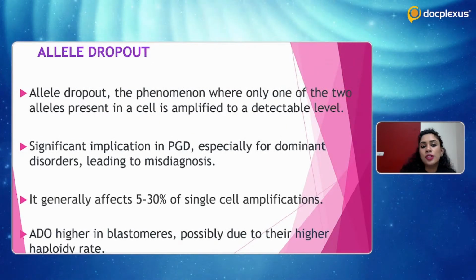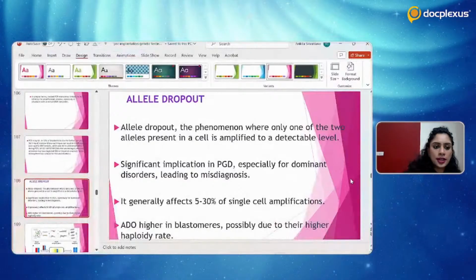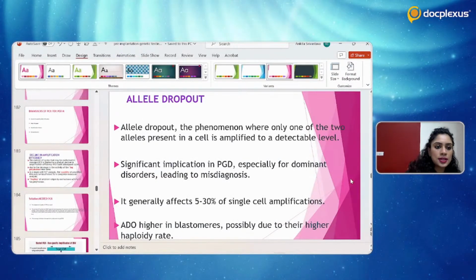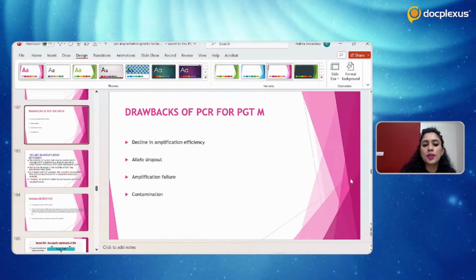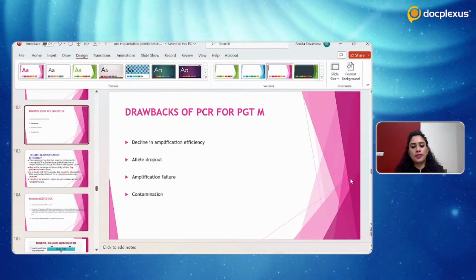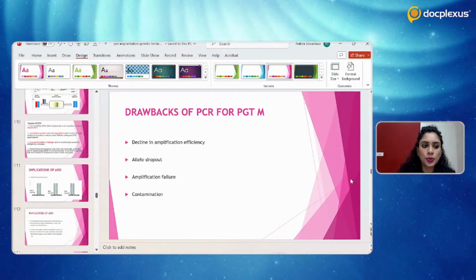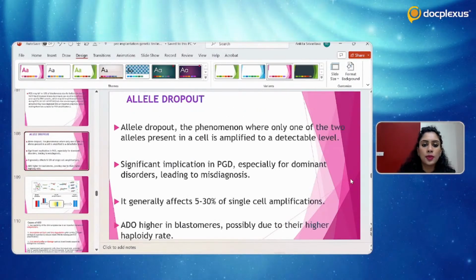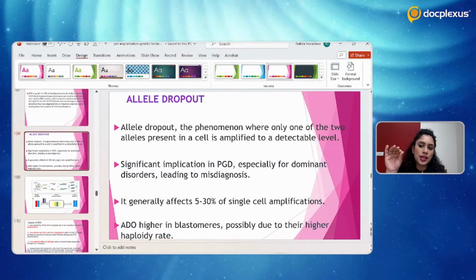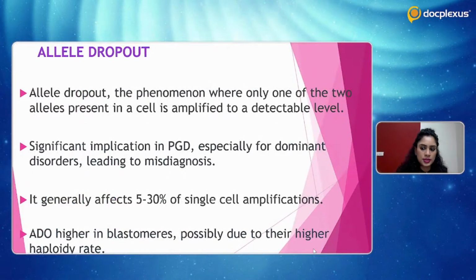Now, what are allele dropouts? When we see the drawbacks, the first was decline in amplification efficiency, which we have studied in detail. Now we come to allele dropout. Allele dropout is the phenomenon where only one of the two alleles present in a cell is amplified to a detectable level.